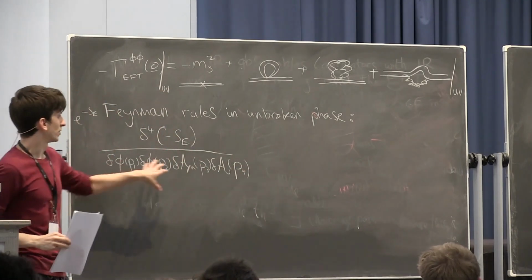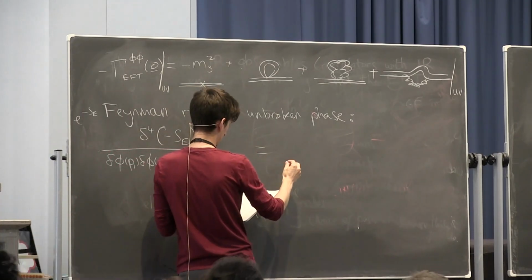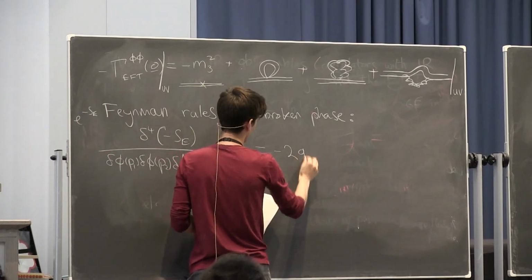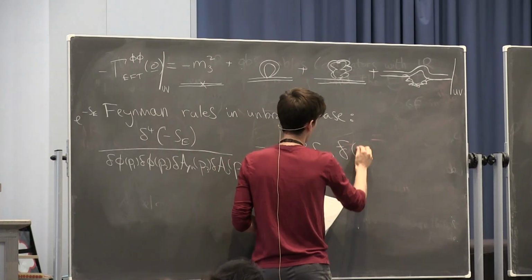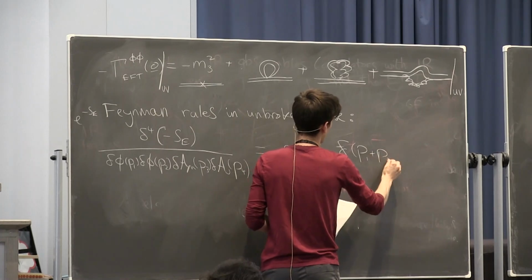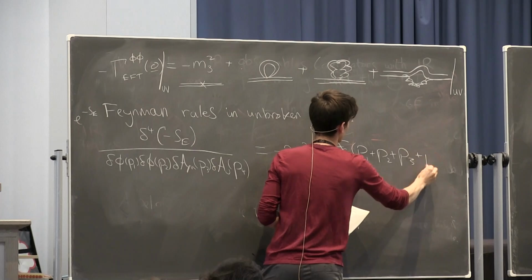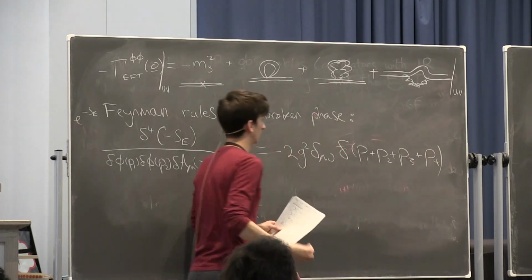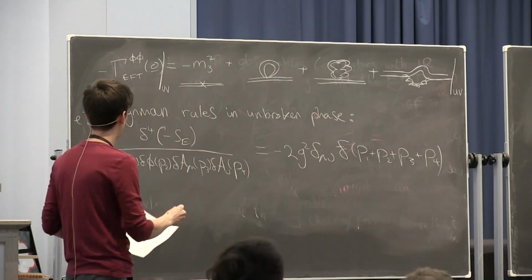You can calculate Feynman rules by taking functional derivatives. In this case, we get minus 2 g squared delta mu nu times an overall momentum conserving delta function.